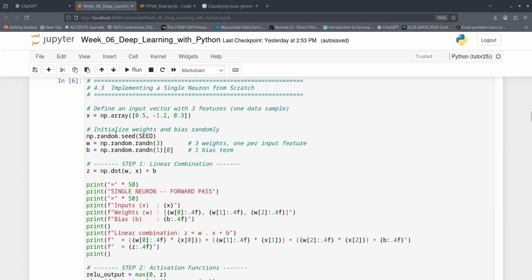And now we initialize the weights of the features and the bias as well. We define np.random.seed for reproducibility.